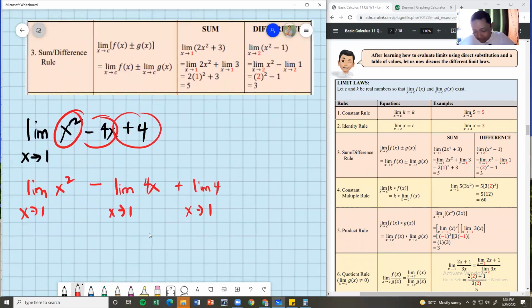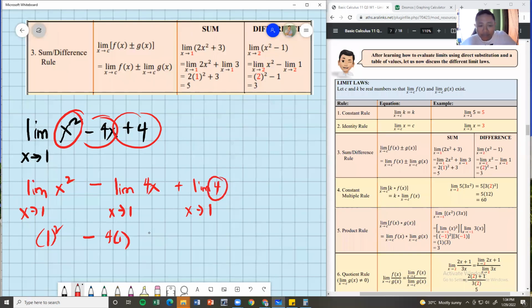But with direct substitution, it goes straight. And we know that already. So by substituting the limit of x squared, substitute 1, this will become 1, because 1 squared is equal to 1. Can you follow? And then minus, substitute 4 times 1. And then in here, we cannot substitute this because this is the constant rule.